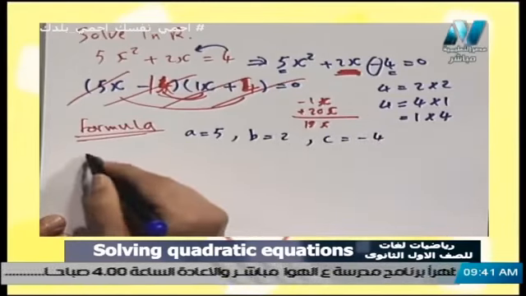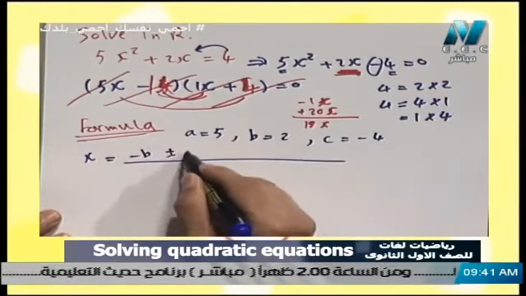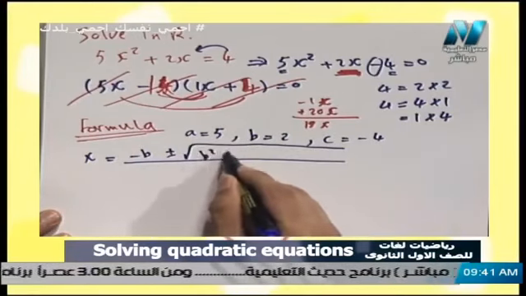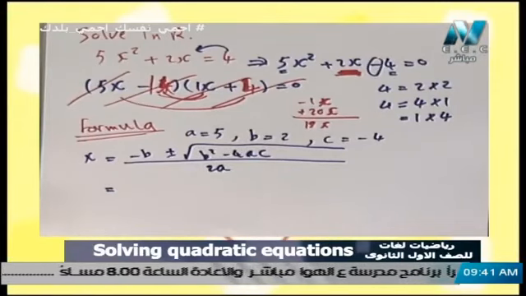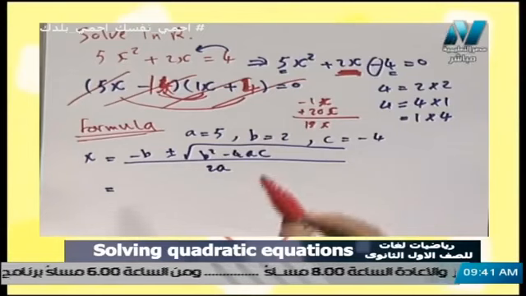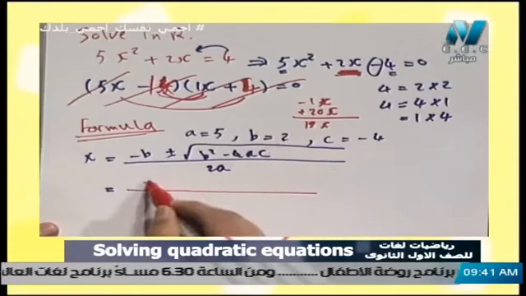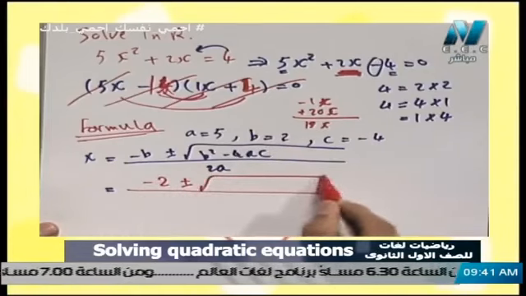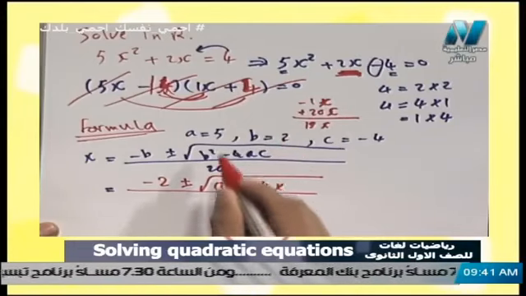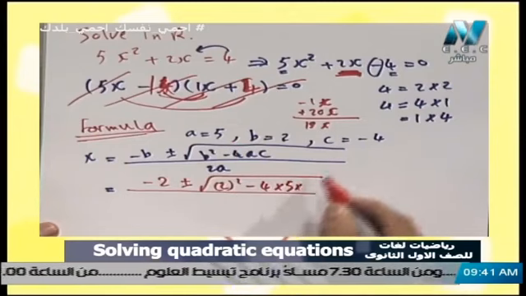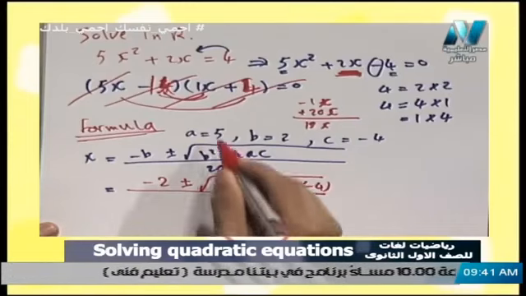Okay, and we know the formula is x equals negative b plus or minus square root of b² minus 4ac, over 2a. We will substitute a, b, and c. Negative b means the opposite of 2, which is negative 2, plus or minus square root. b² means 2² minus 4a, here is 5, and c is negative 4, put it inside brackets here, over 2a, 2 multiplied by 5.